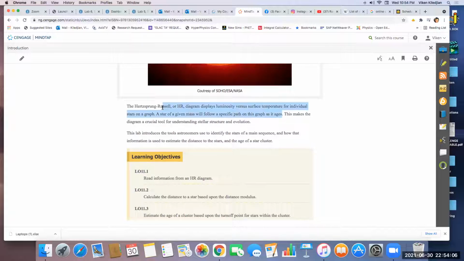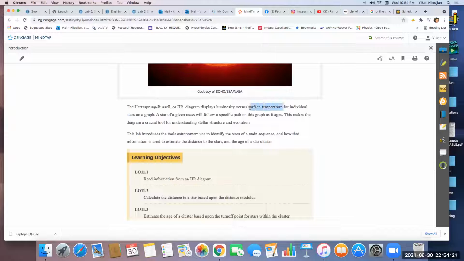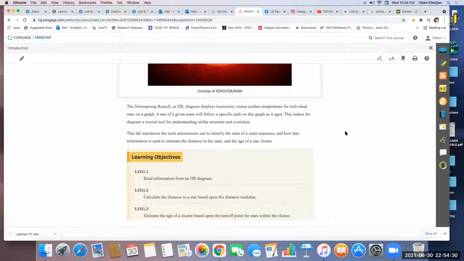The luminosity of the star is on the vertical scale, meaning how bright it is, and on the horizontal scale, it's the surface temperature. We would expect that low temperature stars will have low luminosity and high temperature stars will have high luminosity. So that makes sense.